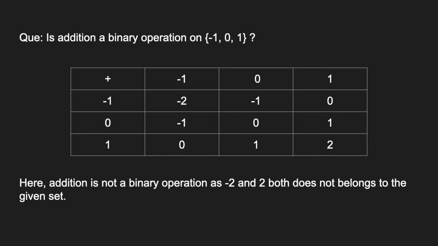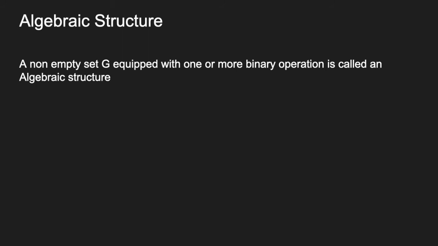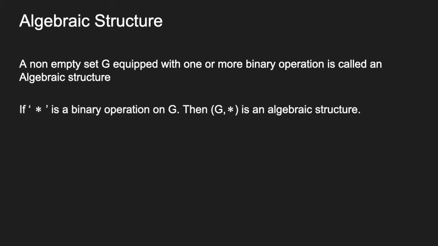Okay, now algebraic structure. A non-empty set G equipped with one or more binary operations is called an algebraic structure. If star is a binary operation on G, then the notation (G, star) is an algebraic structure.